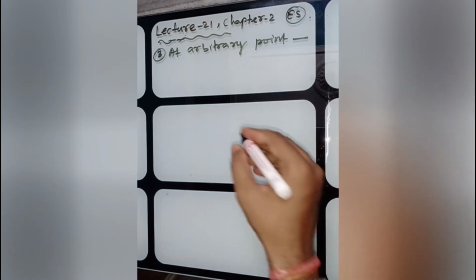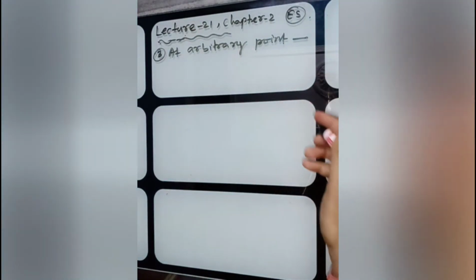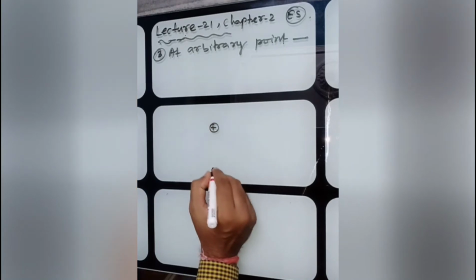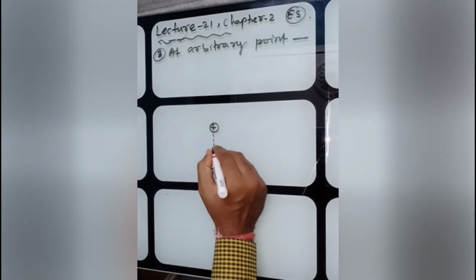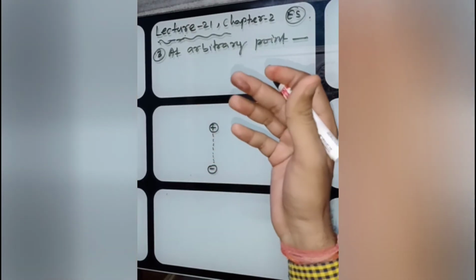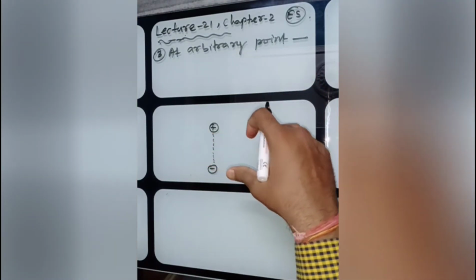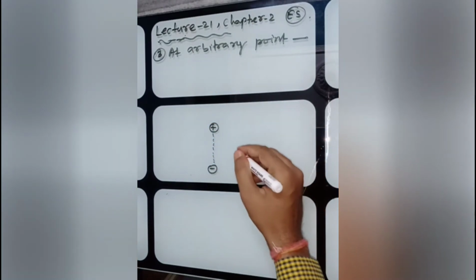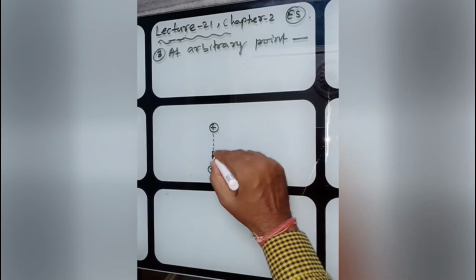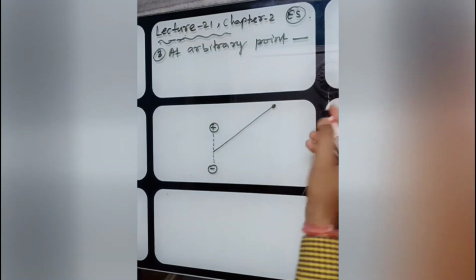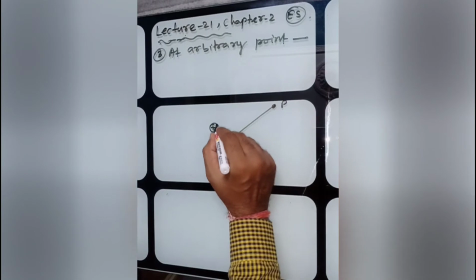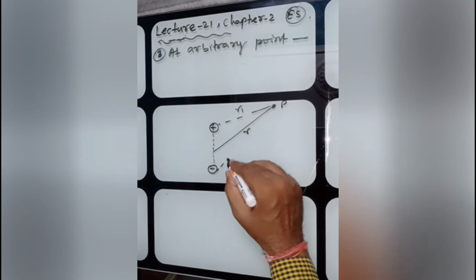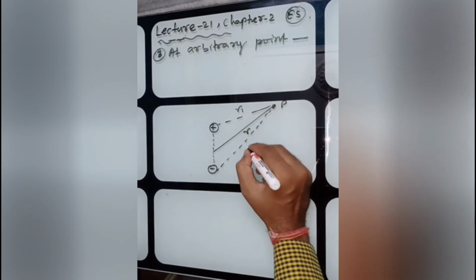Okay, my dear students, so suppose this is the negative charge and this is the positive charge. There are a number of methods by which you can solve this derivation. This is a mathematical derivation, but I'm telling you the exact method that is given in NCERT. You have to find the potential at this point P. Suppose this is R1, and suppose this is R2.